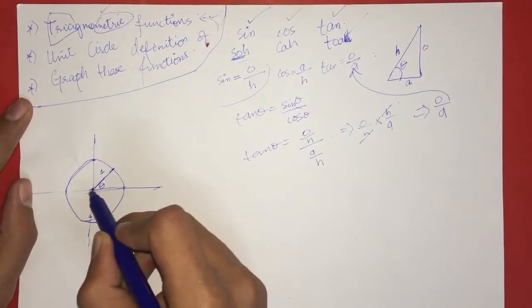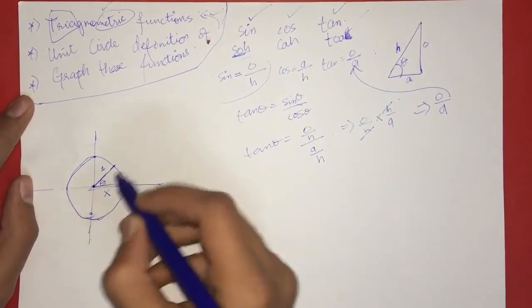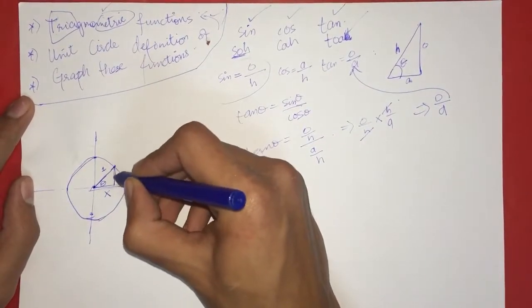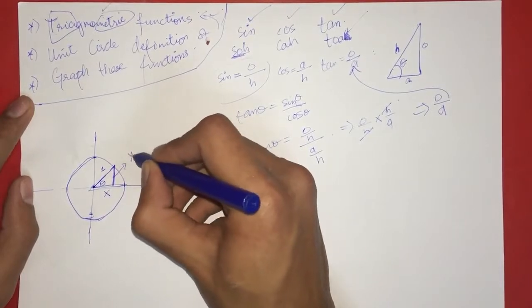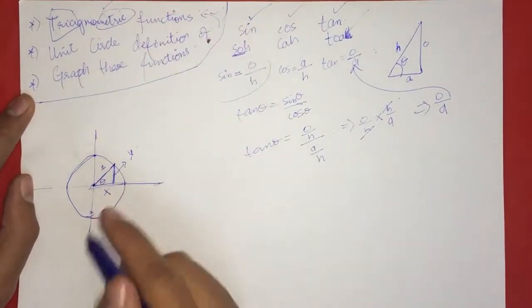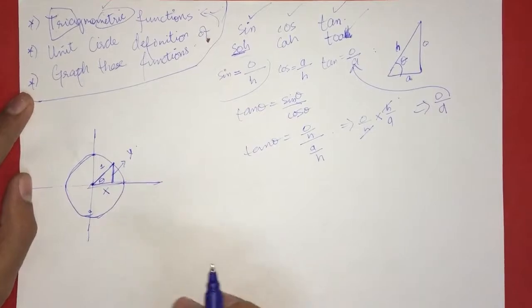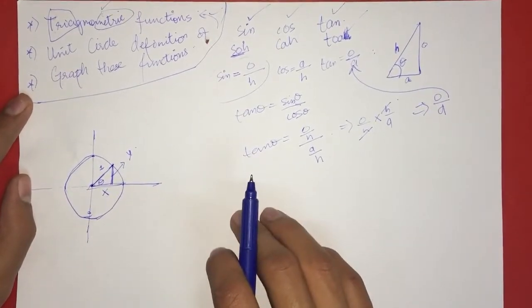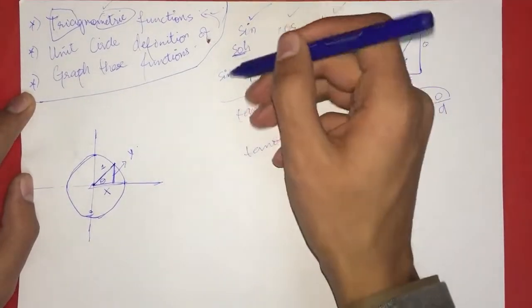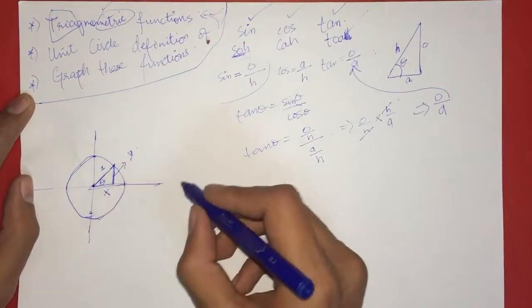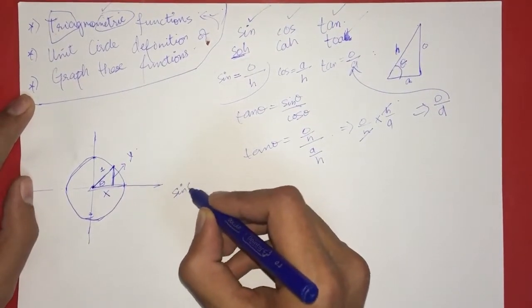Here we have this side, we can say that this is x, and this side we can say is y, because it's on the y-axis, and this side is on the x-axis. So now let's find the sine of this angle theta.